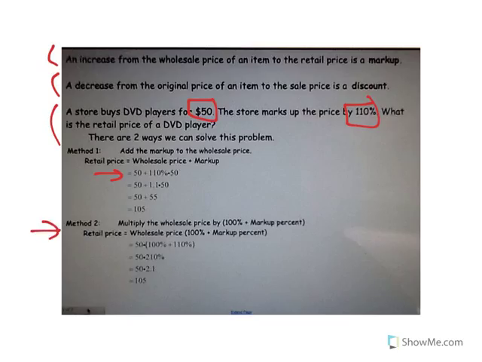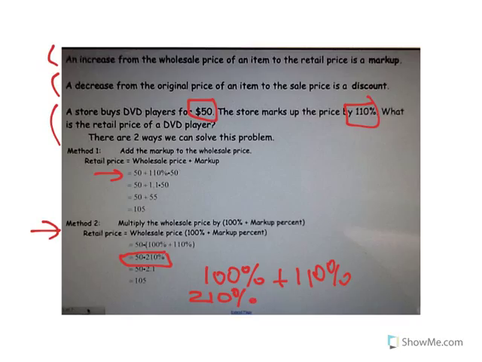Another way of doing it, that I like a little bit better, is just changing the problem into, well, the original price is 100%, and then the new price is adding in 110% more. So if we just change the problem to being the original price times 210%, then we're going to come up with the exact same answer, which is going to be $105.